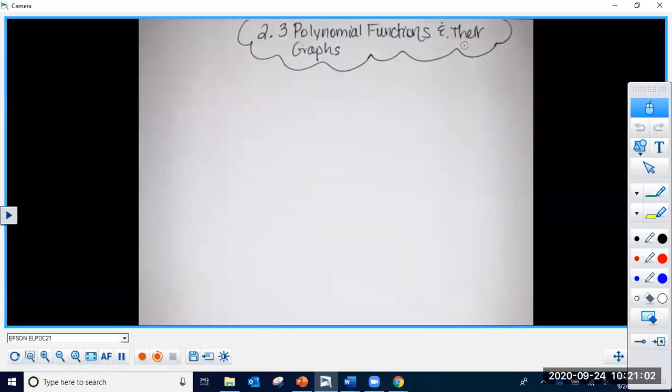Okay, so for polynomial functions, we're going to first talk about what a polynomial function even is before we discuss the components on how to graph it or what they are. A polynomial function is used in a lot of areas. It's a math concept that you don't really realize in all the ways that it's used.